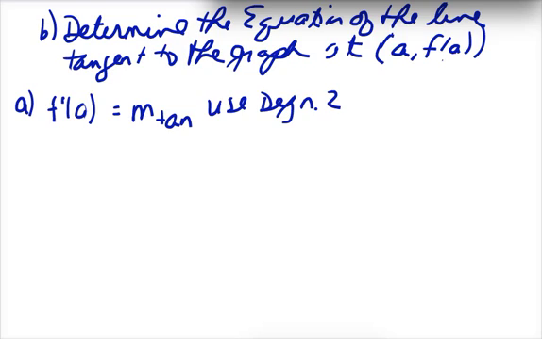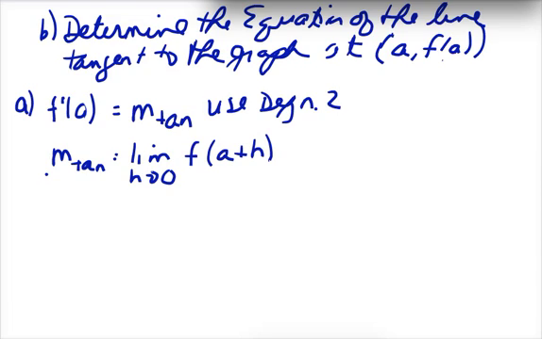Recall that definition 2 is the limit as h approaches 0 of f of a plus h minus f of a divided by h.